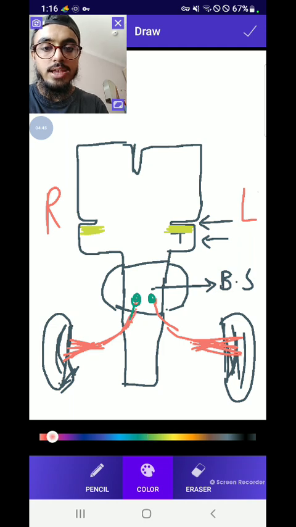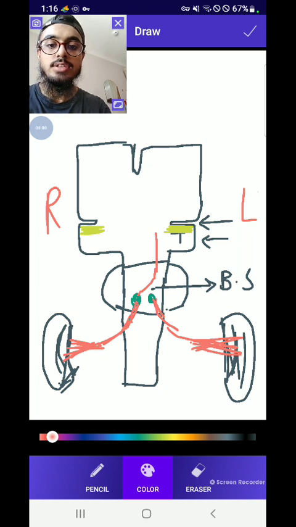So neurons synapse with the vestibular nucleus and cross to the opposite side in the brainstem and move upward. From the right side, the axon moves towards the left side in the brainstem, and from the left side the axon moves towards the right side.